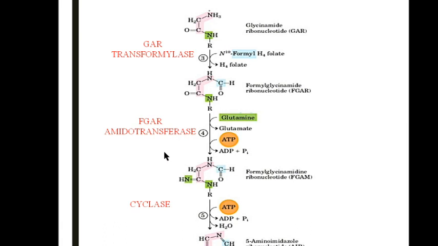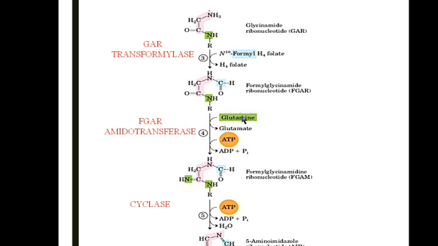Now, with the help of FGAR amidotransferase. Once we say amidotransferase, it is going to transfer an amino group. Again, I told you glutamine is going to contribute 2 nitrogen atoms of the purine. The first we have seen in the earlier reaction, and the second nitrogen atom from the glutamine is transferred at this step.